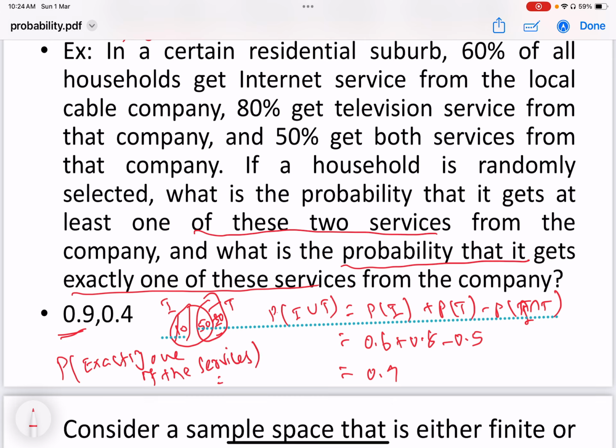So you draw the Venn diagram. This is called Venn diagram. So here 10, so that means it is 0.1. And here 30, that means 0.3. And so the answer is 0.4.